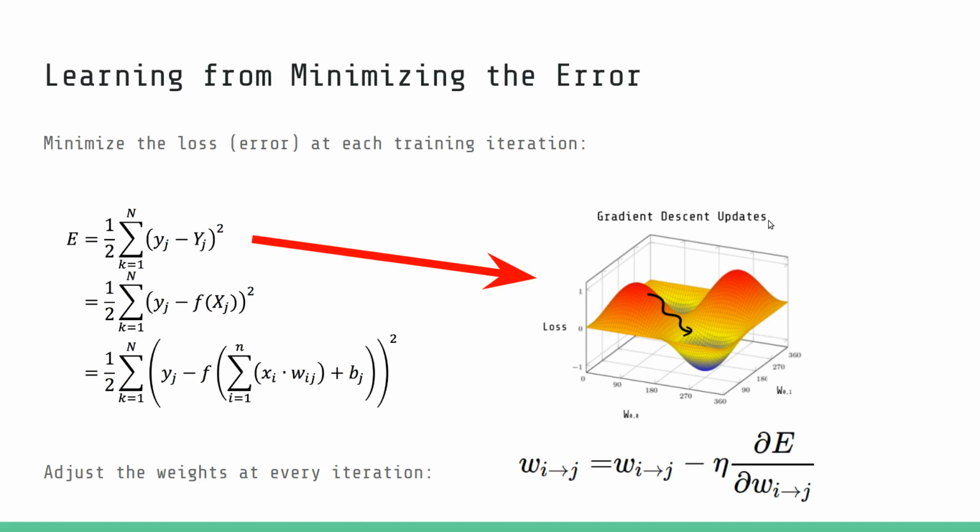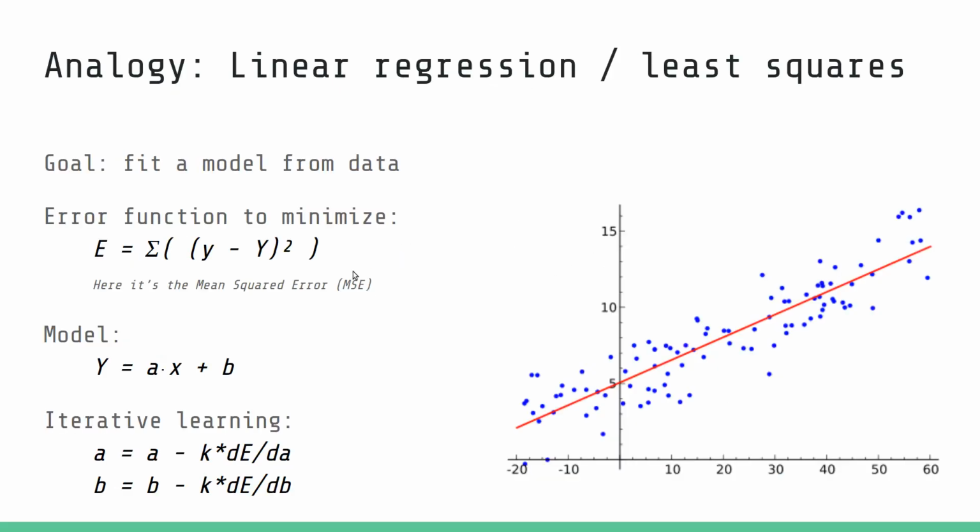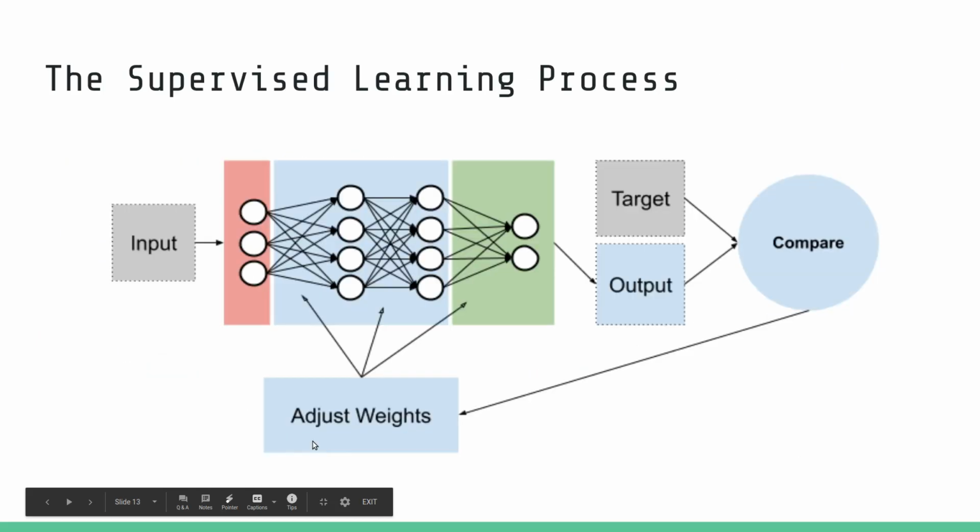So here with some gradient descent updates, gradient descent, by the way, is the fact of doing this iterative learning process here. So this being the gradient, so the tangent and the direction we take, so we do descent of the gradient.